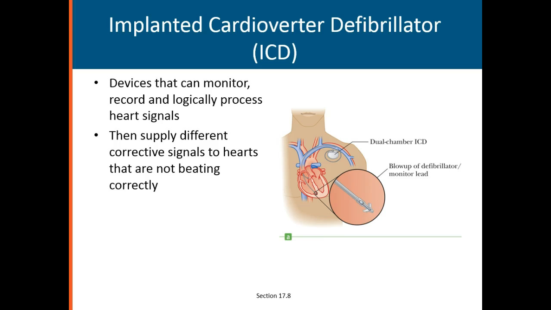Now, you can sometimes do an implanted cardioverter defibrillator, that's ICD, devices that can monitor, record, and logically process the heart signals, then supply different corrective signals to a heart that is not beating correctly. So you put the device in there, and what they show here is your ICD.